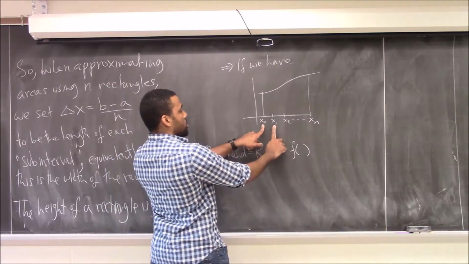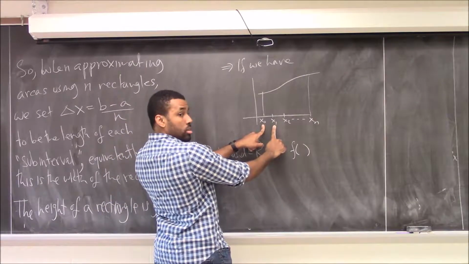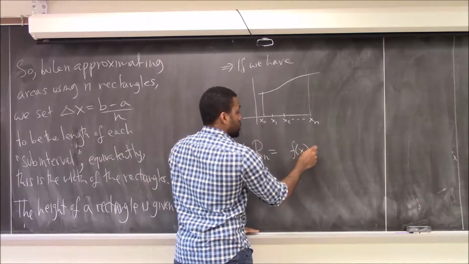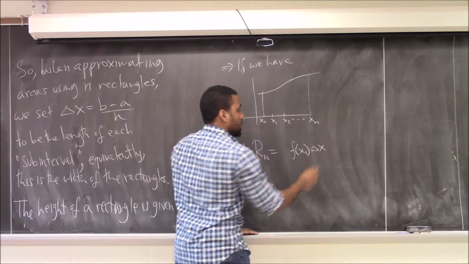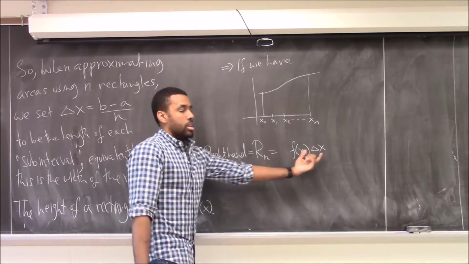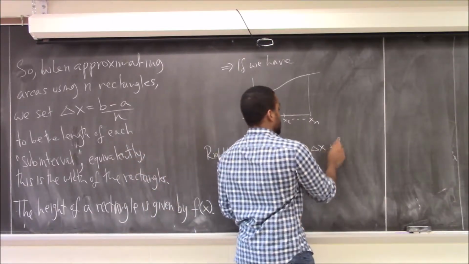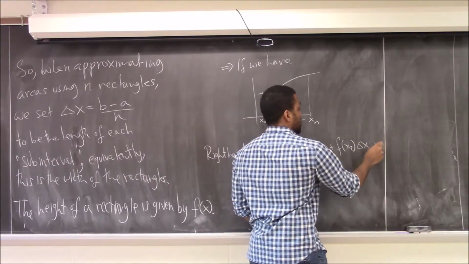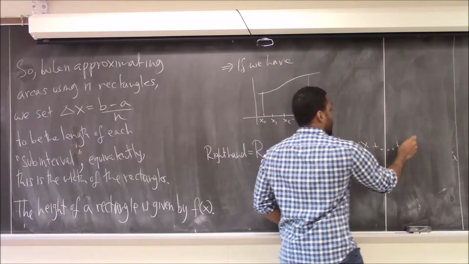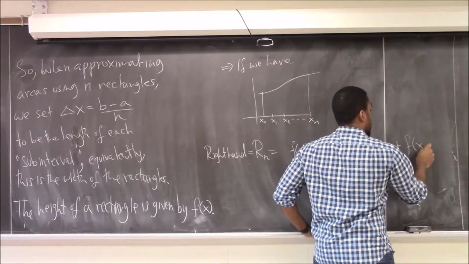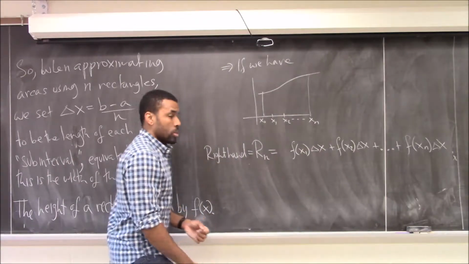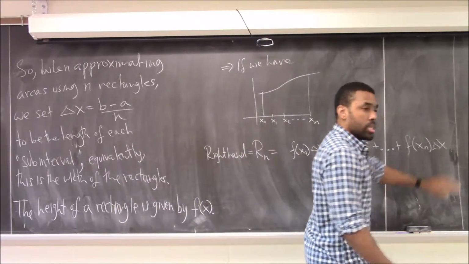Let's say I'm looking at the first interval. What's the x value I'm going to plug in? x1, because I'm only looking at the right side. So I'm going to plug in x1 multiplied by delta x. That's the height times the width, plus f of x2 times delta x, plus dot dot dot all the way down to f of xn times delta x, because that's the right-hand endpoint. Adding all these up gives me the area of all the rectangles.